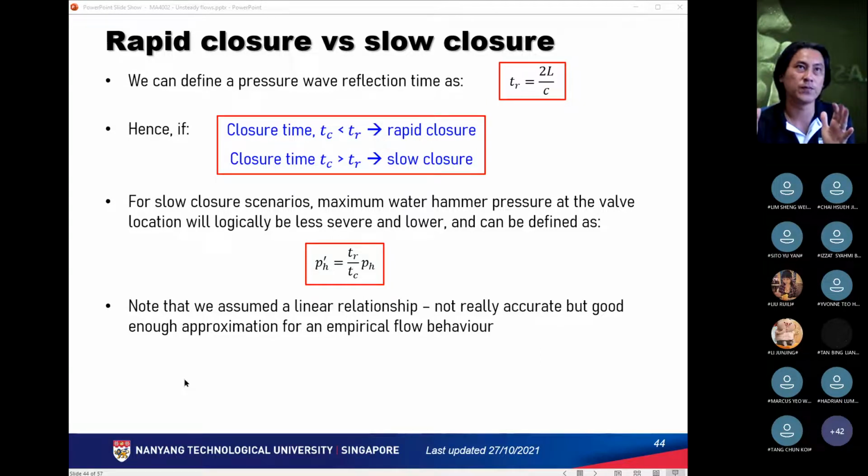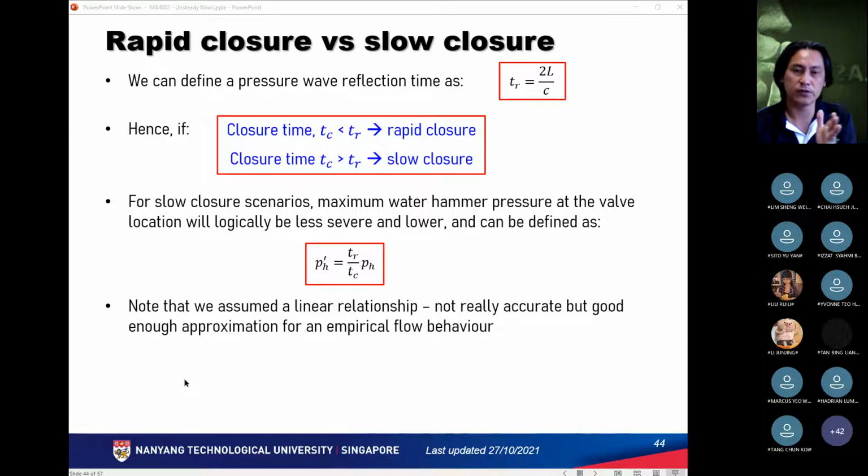As you've seen in the video last week, once you shut off the valve rapidly and a water hammer phenomenon manifests, the pressure sometimes falls below the vapor pressure. There can be bubbles and gas pockets and things like that. So it's very non-linear, and it's very difficult to nail down precisely the water hammer pressure if the valve is closing very slowly.